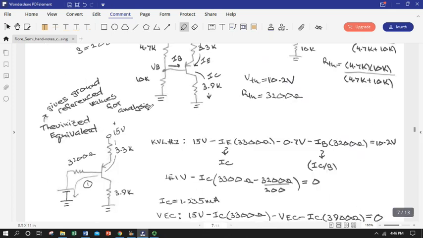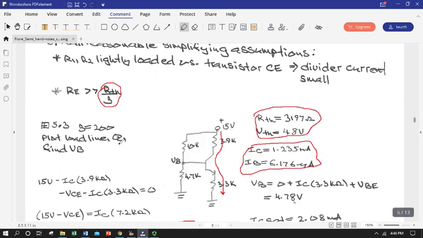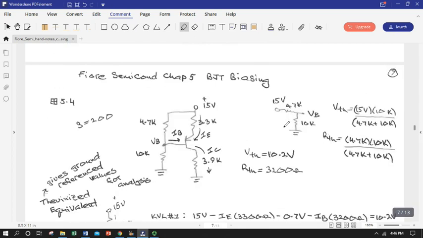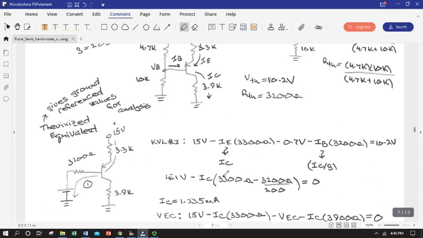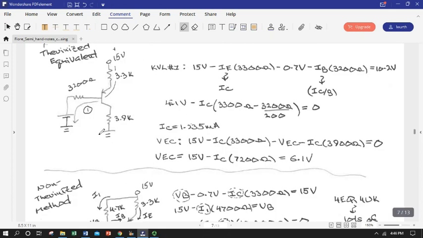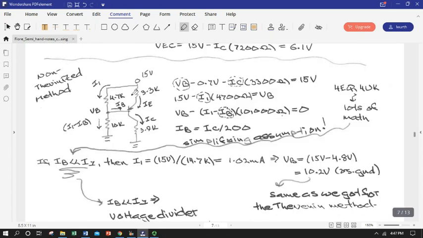So otherwise very similar procedure to up here in 5.3. We had a different Thevenin equivalent, so that made for different answers coming out of our circuit, but otherwise once we got our Thevenin equivalent the analysis was very, very similar. And for those of you who don't like Thevenin equivalents, this is basically your alternative.